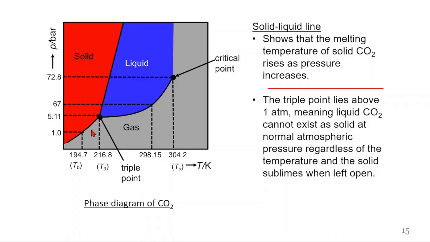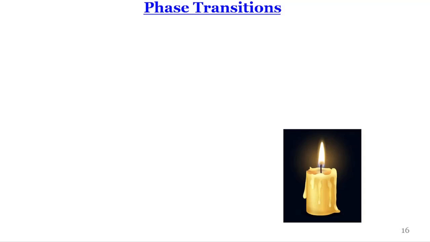And even if the solid is left open, it will sublime to the gaseous phase. You may have watched a candle burn. When this happens, the solid wax is converted to liquid, which flows down on the body of the candle and cools down into the solid again.